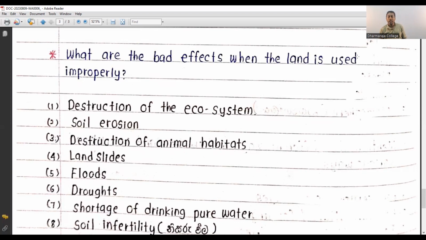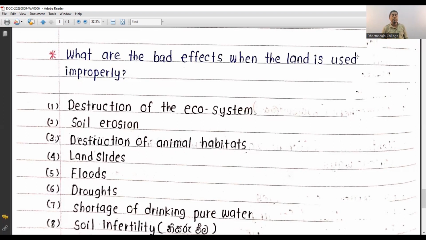Landslides will occur. Landslides, the land will go down. It is very bad. Now landslides and floods, and droughts, long periods with less rain and without raining. The animals will die, plants will die, finally humans will die.